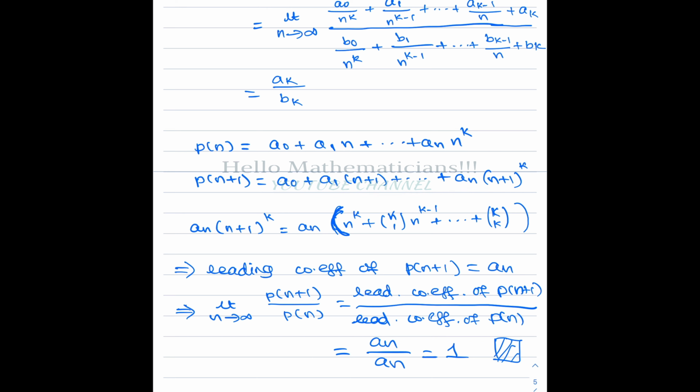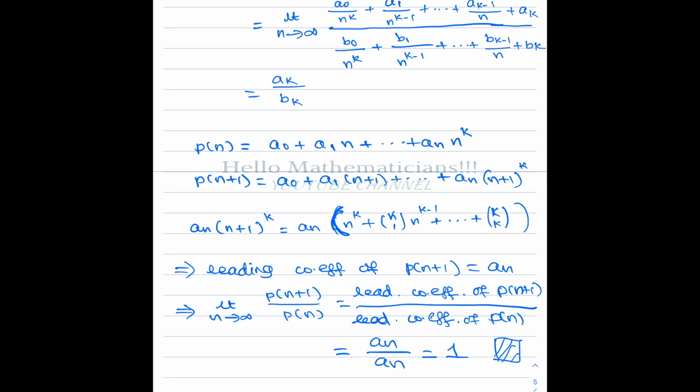That is the question. The term one before this will be a(n minus 1) (n plus 1) power k minus 1. So in none of these terms will you have n power k. So n power k will come from here only.